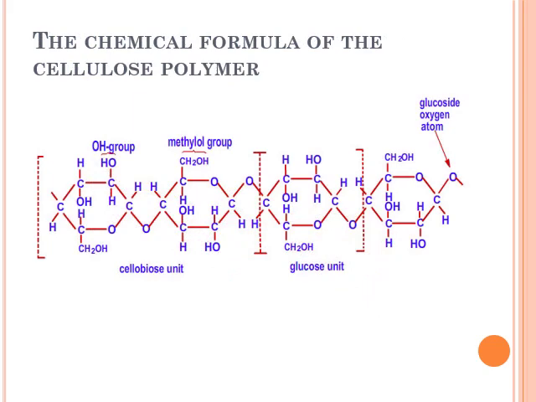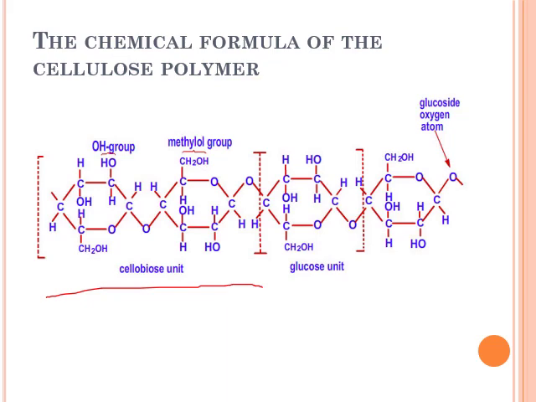Cotton is a linear cellulose polymer. The repeating unit in cotton has two glucose units, called cellobiose. Cotton consists of about 5,000 cellobiose units.